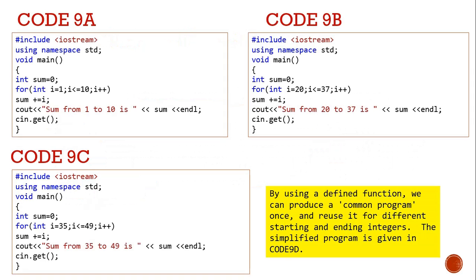Okay, this is code 9a. You have your data type integer, variable name sum. And then for integer i from 1, i less than or equal to 10, i plus plus, sum will add the sum from 1 to 10.